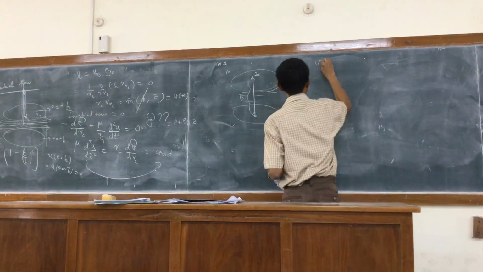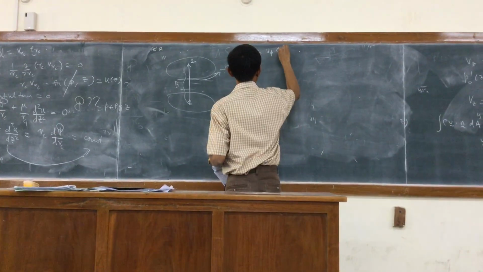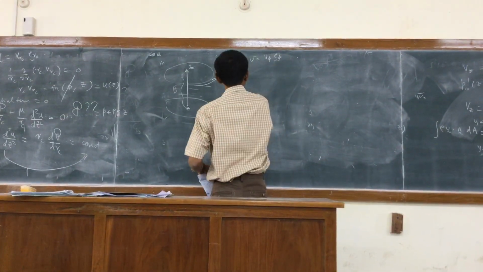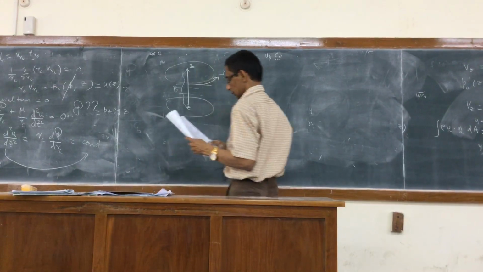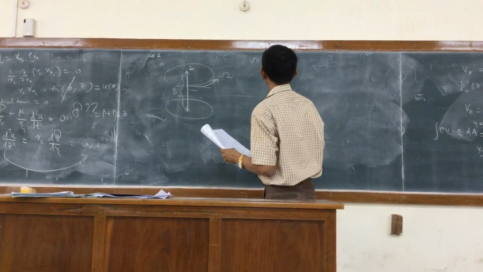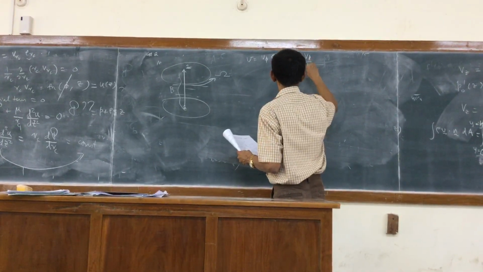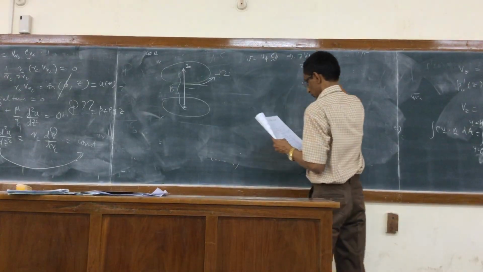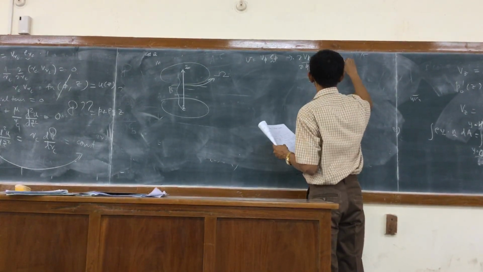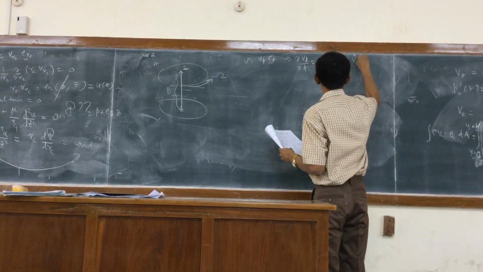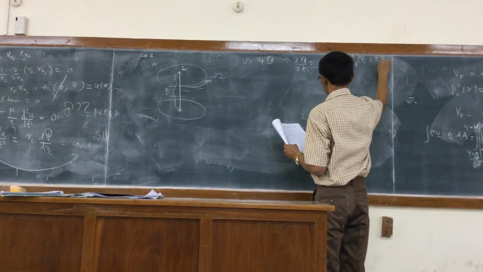Here again v is equal to v_phi. Right, and so the continuity equation would be that d v_phi by d phi is equal to 0, and v_phi is equal to omega r times z.